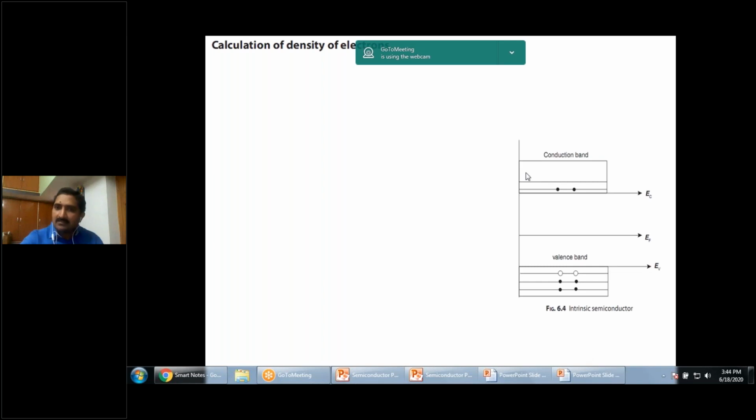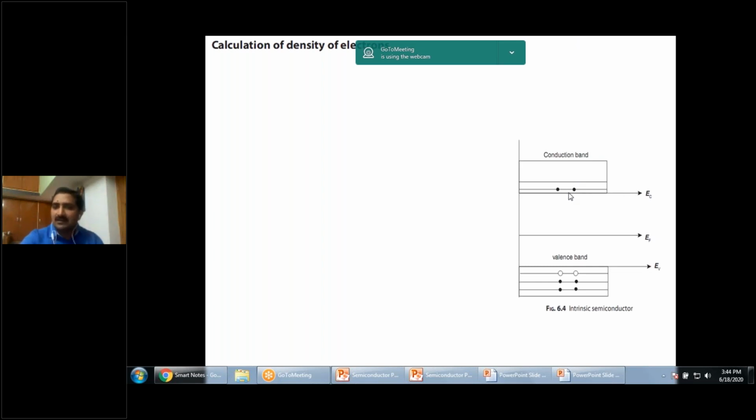This is the conduction band. It starts from EC. From here the conduction band is actually empty. I am showing 2 electrons after the breaking of the covalent bond, but actually it is completely empty. The band is from EC to plus infinity.